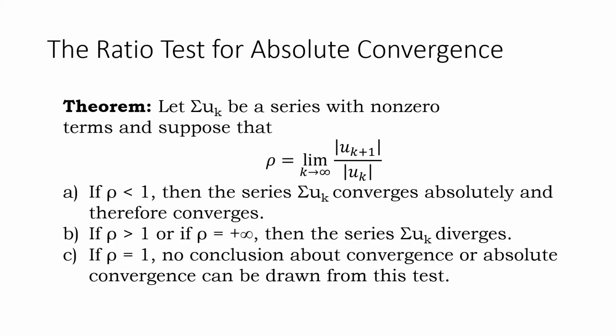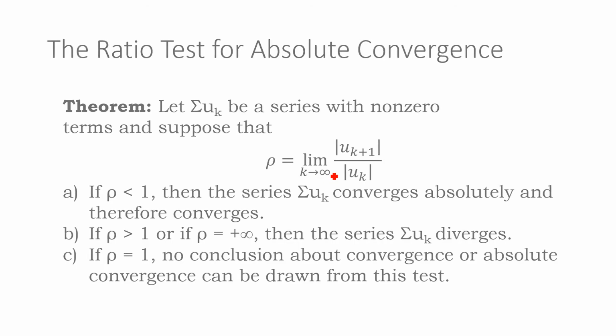If rho is less than 1, then the series u sub k converges absolutely and therefore converges. If rho is greater than 1, or if rho is positive infinity, then the series u sub k diverges. And if rho is equal to 1, no conclusion about convergence or absolute convergence can be drawn from this test.